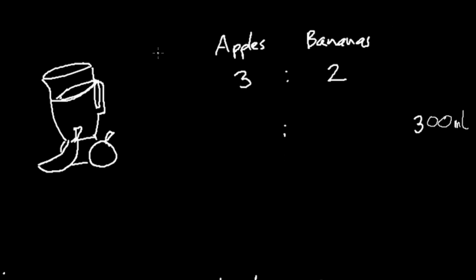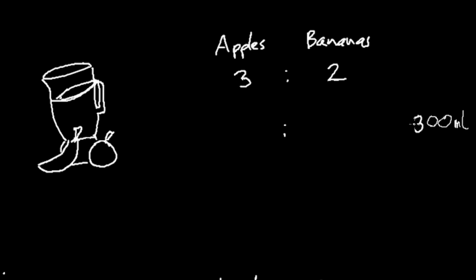So let's have a look at this one. Let's say that somebody's making smoothies, and for every 3 equal parts of apples, they use 2 equal parts of bananas. Or you could say for every 3 apples they need 2 bananas, although in this case these are equal amounts of liquid. Let's say that in total you wanted to make 300 mils of smoothie.